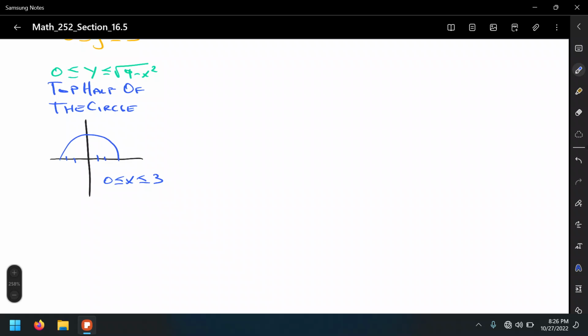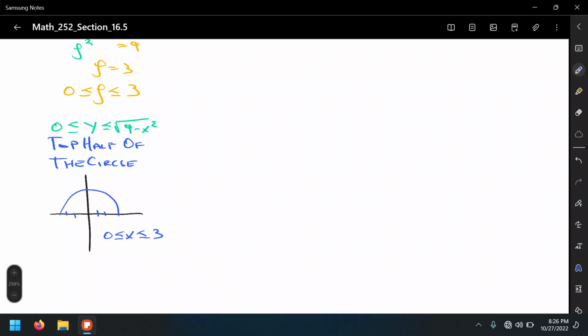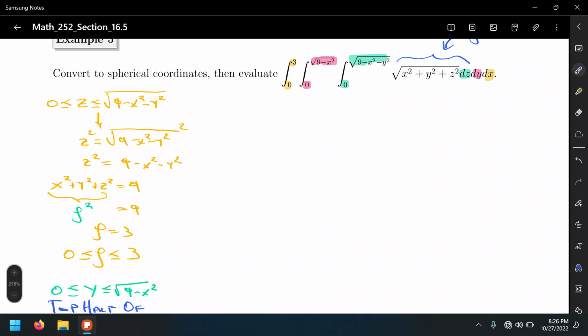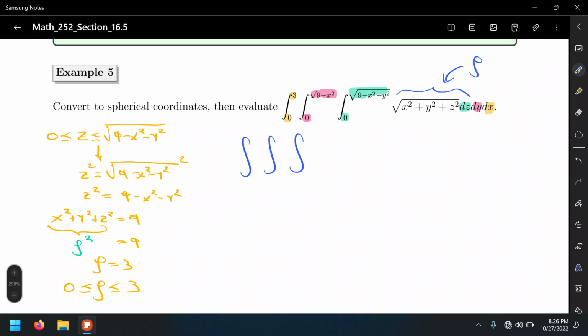We have that rho is varying between 0 and 3. Let's start writing the triple integral. This madness right here is just rho, and this dz dy dx becomes rho squared sine phi d rho d phi d theta.